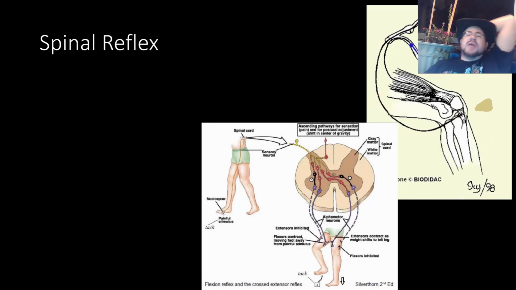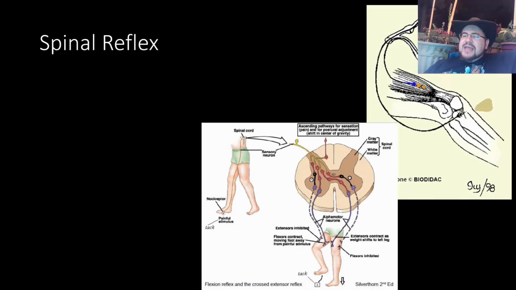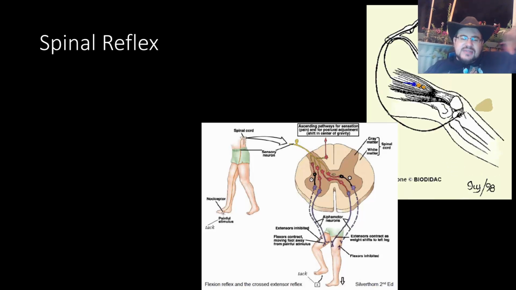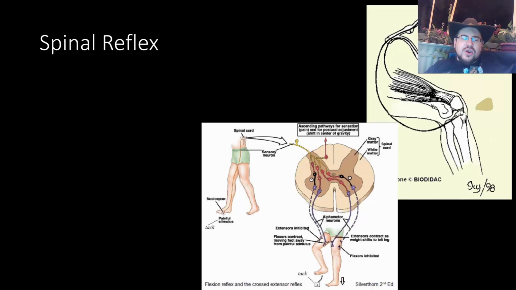Now, not every response requires the brain to process information. The spinal reflex is a movement in response to a stimulus that occurs without the brain. Basically, when certain kinds of sensory information are sent to the spinal cord, it can immediately send out a response signal.